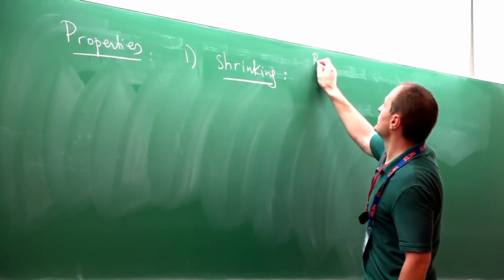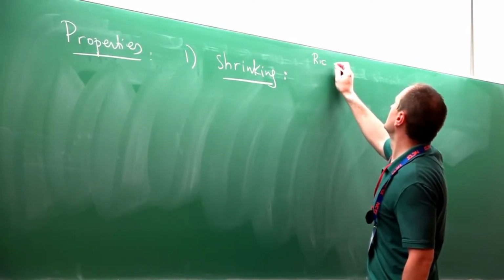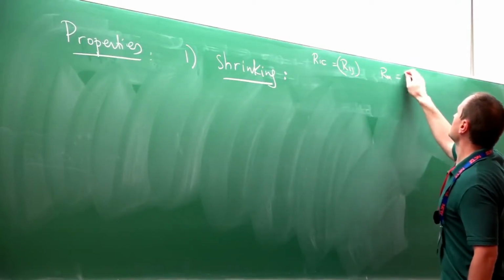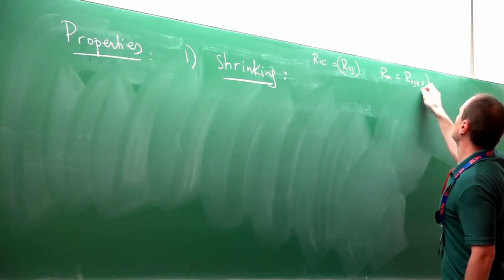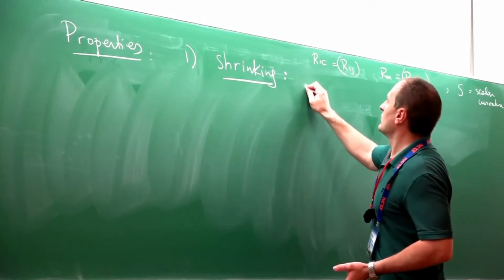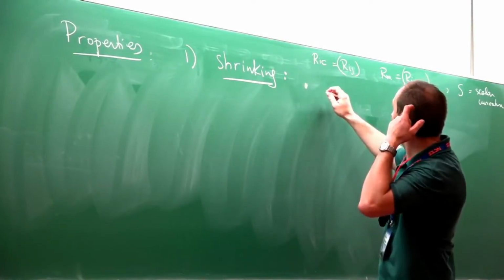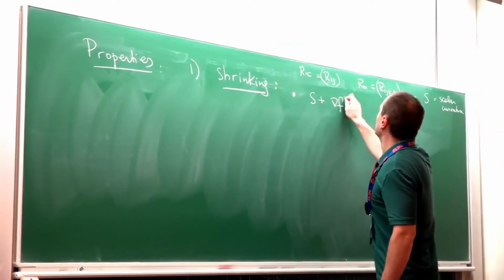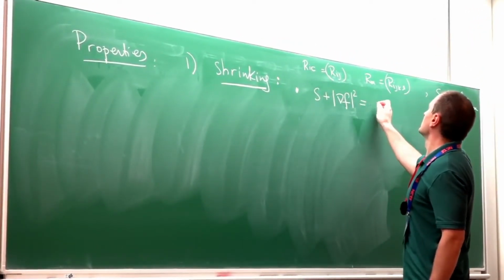And this is a good opportunity to set up the notation. So for me, Ricci will be Ricci curvature. Riemann will be the Riemann curvature tensor, and S will be the scalar curvature. And so there are some properties. One was very early on discovered by Hamilton, that the scalar curvature plus the gradient of the potential squared is f.